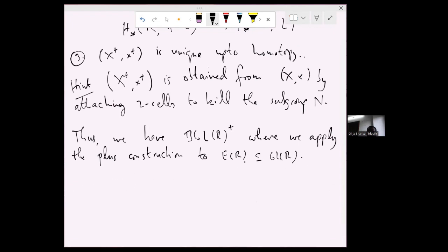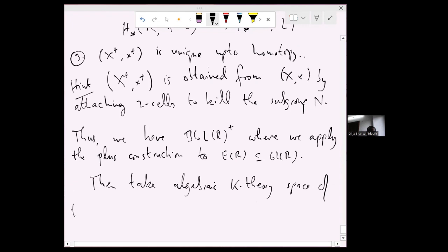So take the higher algebraic K theory space of a ring.